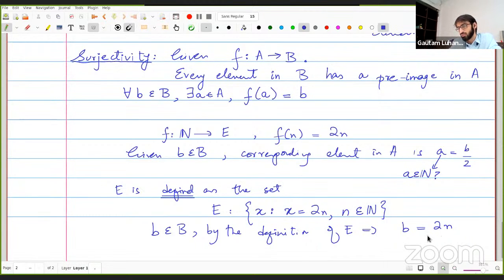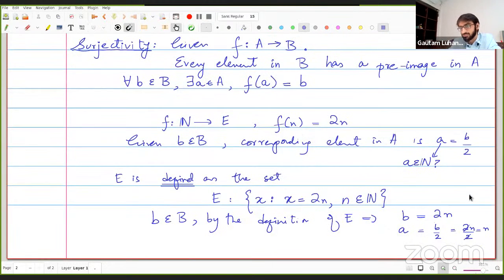And once you have that, you already know that it's divisible by 2, because now if I say a equals b over 2, then it is simply 2 times n over 2, and so a is n. Because n is a natural number, we can conclude that a is that exact same natural number.